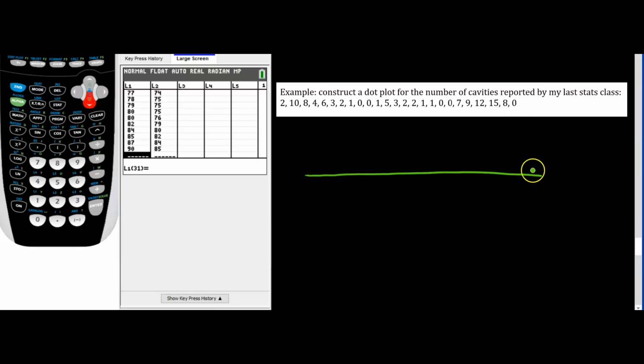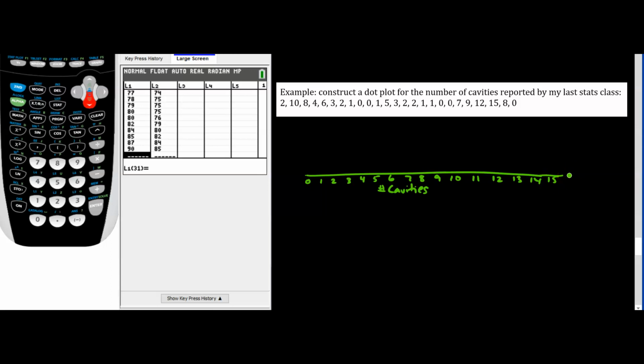And so what we would do is we would say, okay, this is number of cavities, and I'm going to list out my possibilities. I had 0, 1, 2, 3, 4, 5, 6, 7, 8, 9, 10, 11, 12, 13, 14, and 15.